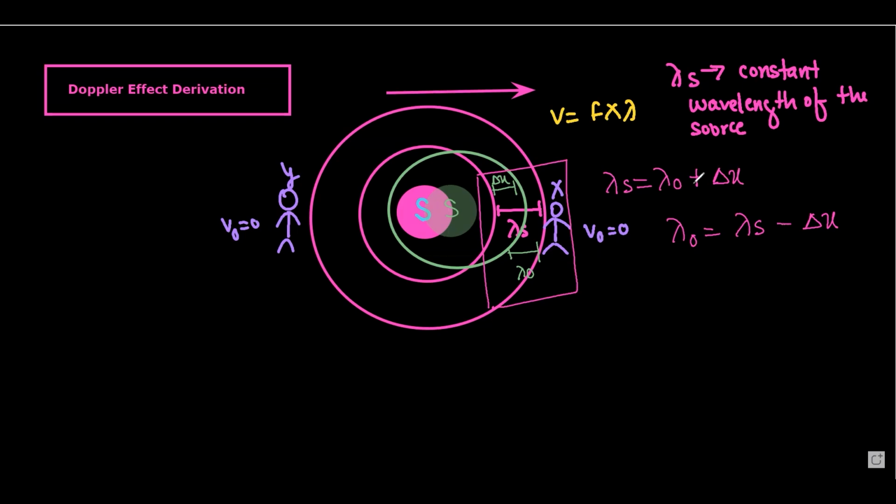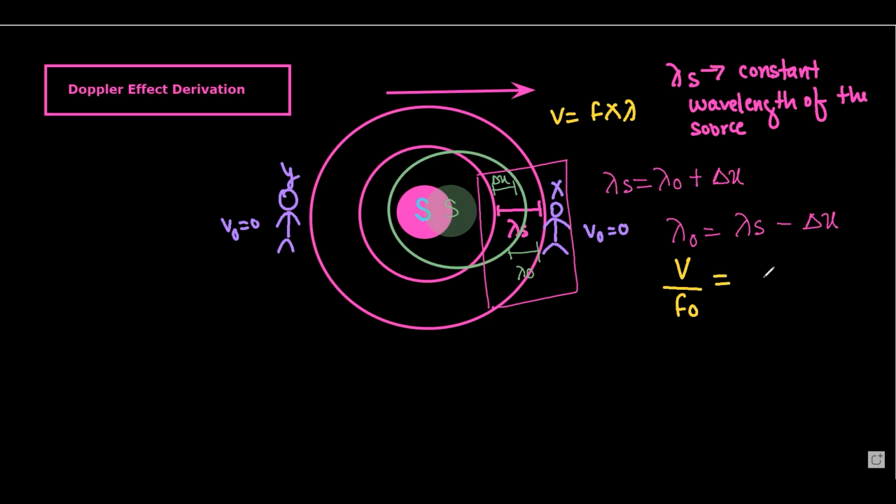Lambda naught is the wavelength observer X is experiencing due to the motion. As an observer, you're going to hear a sound that depends on the speed of the sound. So lambda naught is v, the speed of sound, 340 or 330 meters per second, over f naught, because the observer is going to hear a different frequency than the source frequency because of the motion.